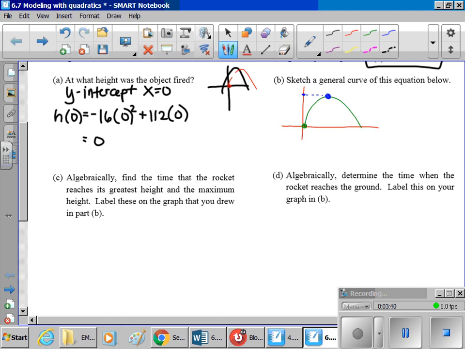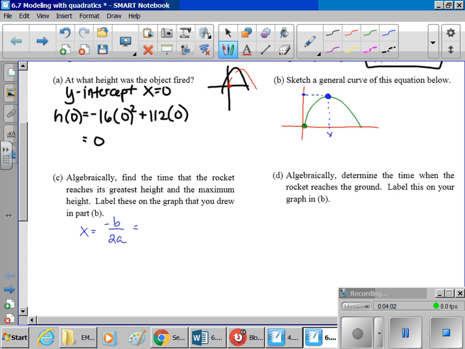So how do you find the vertex algebraically? Well, you could use vertex form and complete the square, or you can realize that the x that's here also represents our axis of symmetry. And if you remember, the formula for the axis of symmetry is x equals the opposite of b over 2a.